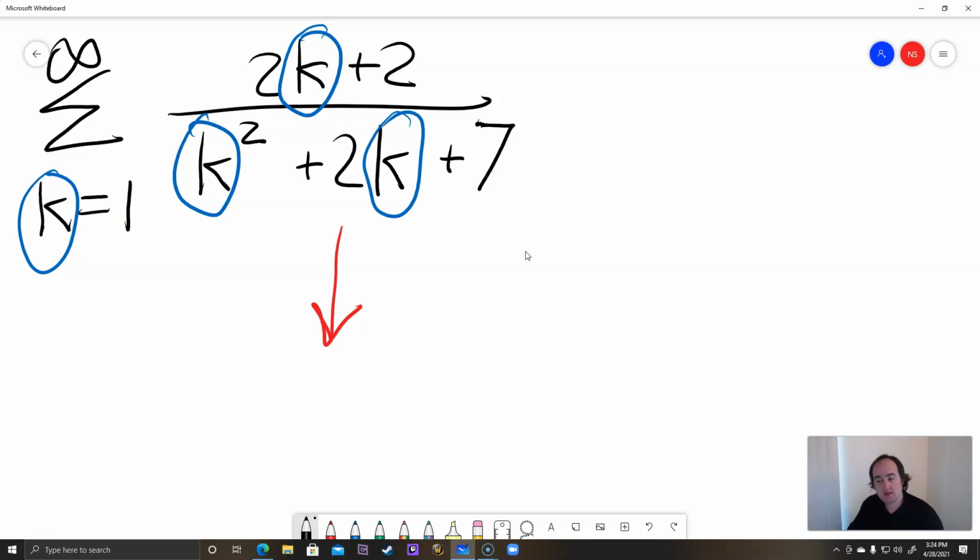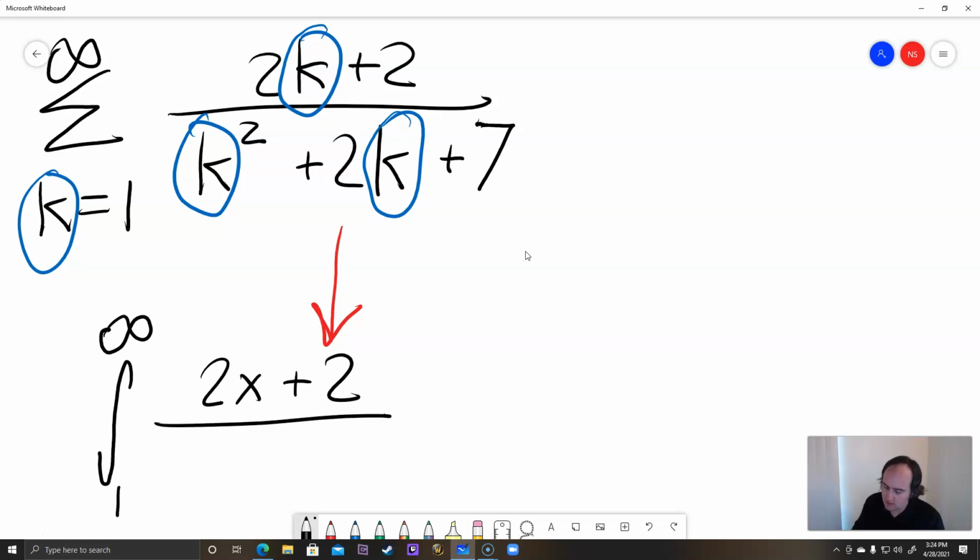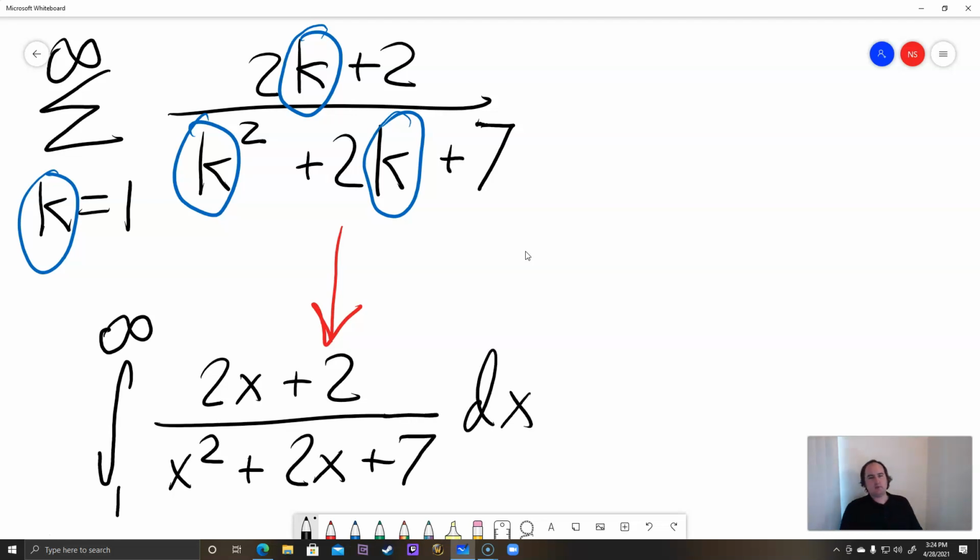And instead of the summation symbol, we have the integral symbol. So now we have the integral from x equals 1 to infinity of 2x plus 2 all over x squared plus 2x plus 7, dx. The integral from 1 to infinity of 2x plus 2 all over x squared plus 2x plus 7 dx.